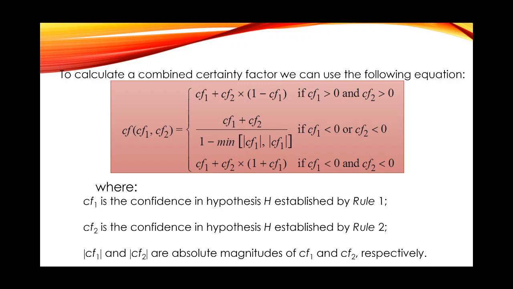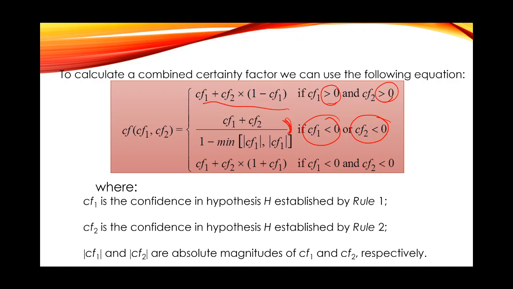For example, if both CFs are more than 0, this is the formula: CF1 plus CF2 times 1 minus CF1. If the CF for rule 1 is negative, or less than 0, and the other one is less than 0 as well, you are going to consider this rule.